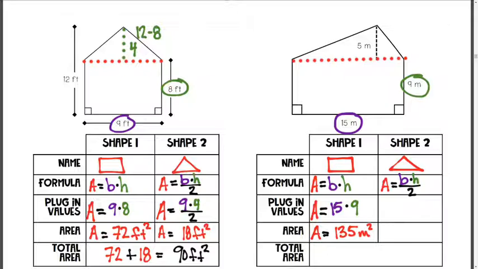Then I can move on to the next one, and on the next one I notice that the base here is the same distance as this one here, so that'd be 15, and the height is already given. So I would go ahead and say 15 times 5 divided by 2, and if I were to multiply that through, I would find out that the answer is 37.5.